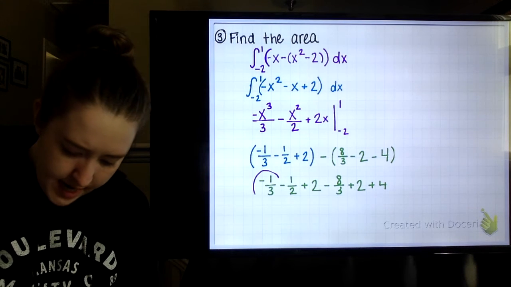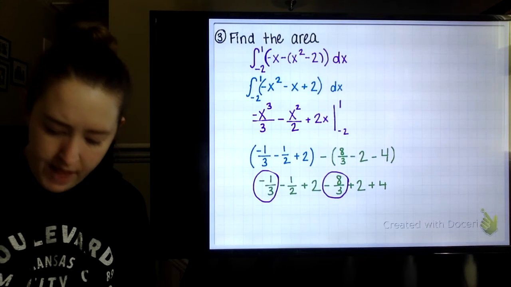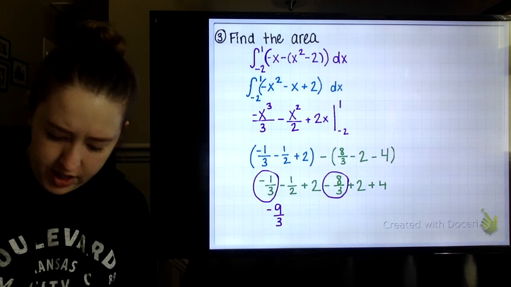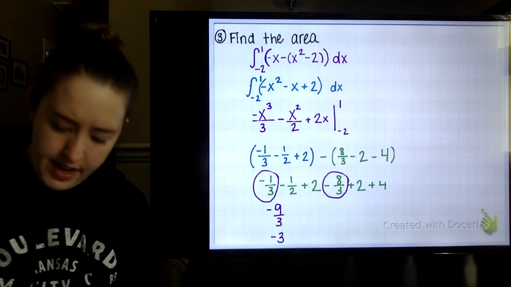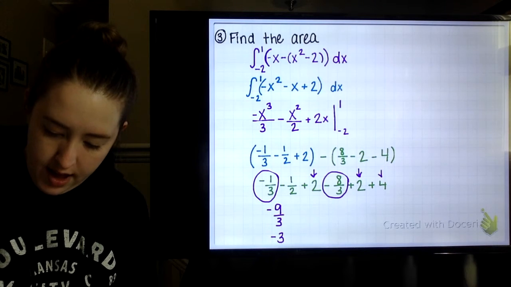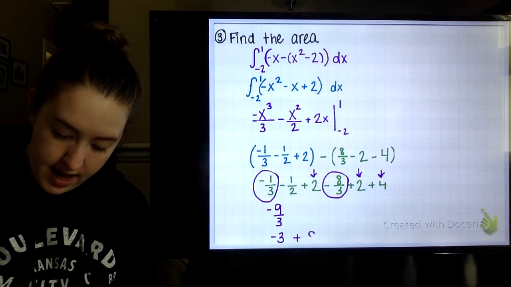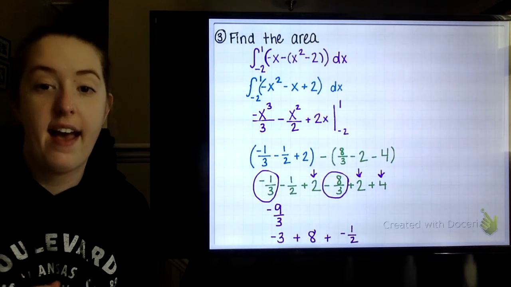So if I put -1/3 and -8/3 together, that makes -9/3, which is just -3. And then I can group together my 2, 2, and 4, and that will make 8. And then I still have that -1/2.